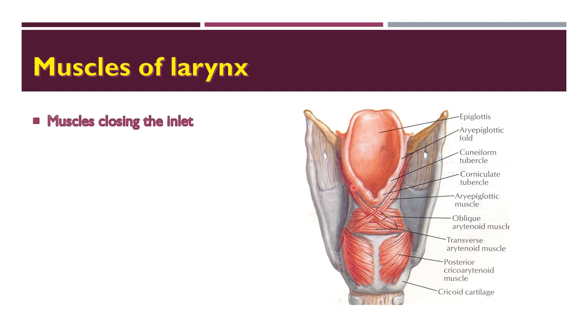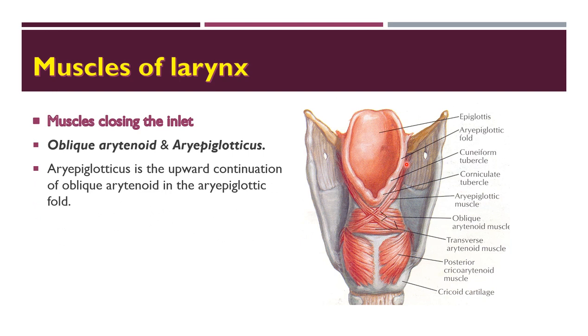The inlet is mainly closed by the aryepiglotticus muscle and the oblique arytenoid. So the oblique arytenoid is actually continuous with the aryepiglotticus. The aryepiglotticus is considered the upper continuation of the oblique arytenoid muscle, which helps to close the inlet, it approximates the aryepiglottic fold.